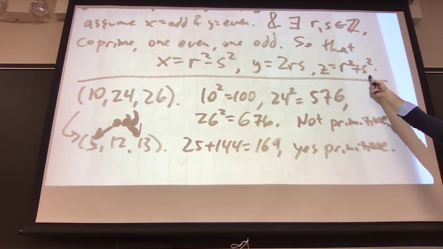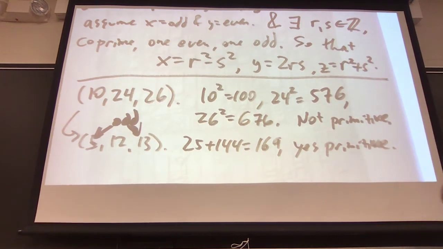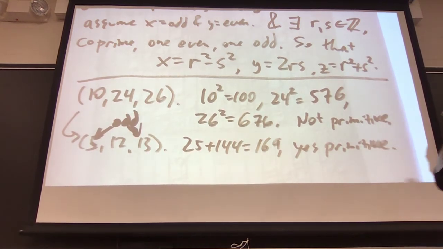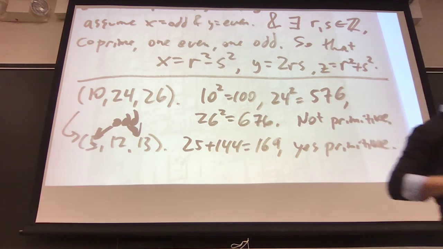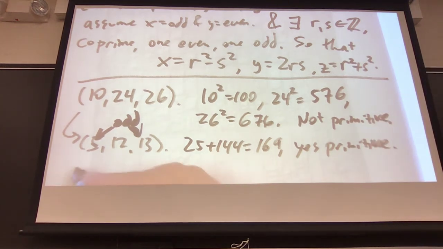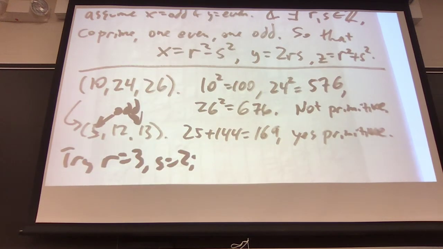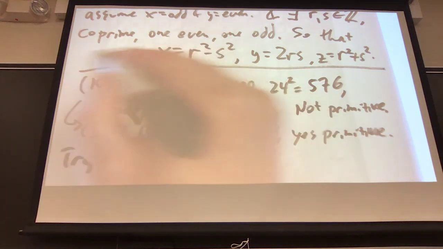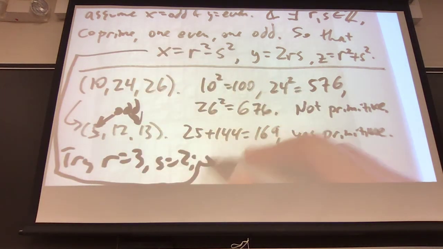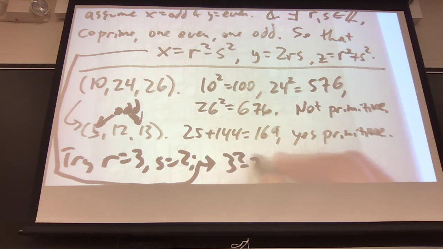So what are r and s in this case? You got one? Tell me your name again. Devendra. Yeah, r is 3 and s is 2. Okay, so Devendra says try r equals 3 and s equals 2. So if r is 3 and s is 2, I'm putting in this formula 3 squared minus 2 squared. 9 minus 4? 5.